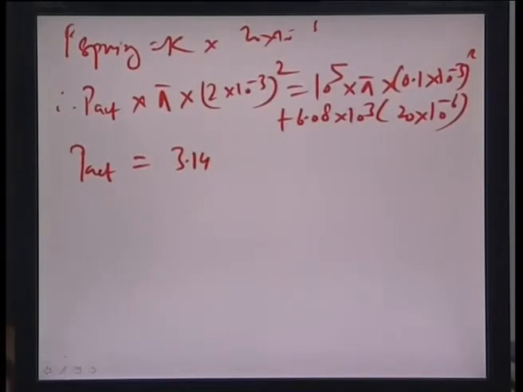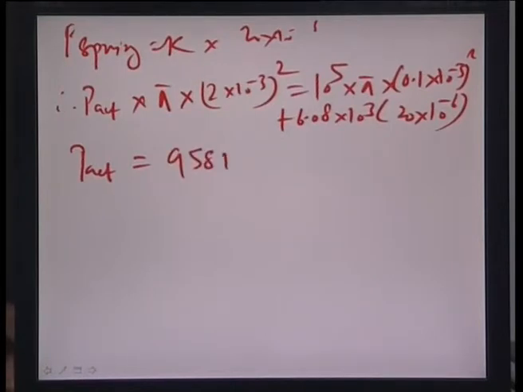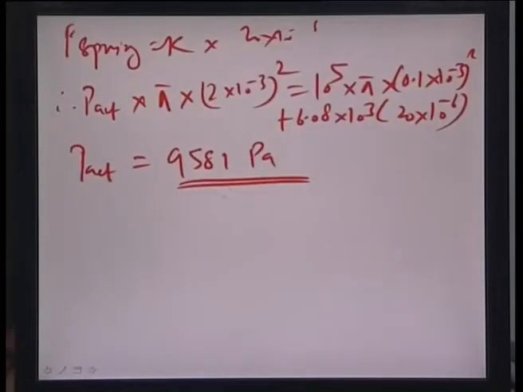Okay, so let me just write down the final value here. So, it comes out to be about 9581 pascals. So, in comparison to the earlier value here, which was close to 109,677 pascals, this has reduced by almost 2 orders of magnitude and become about 9581 pascals.